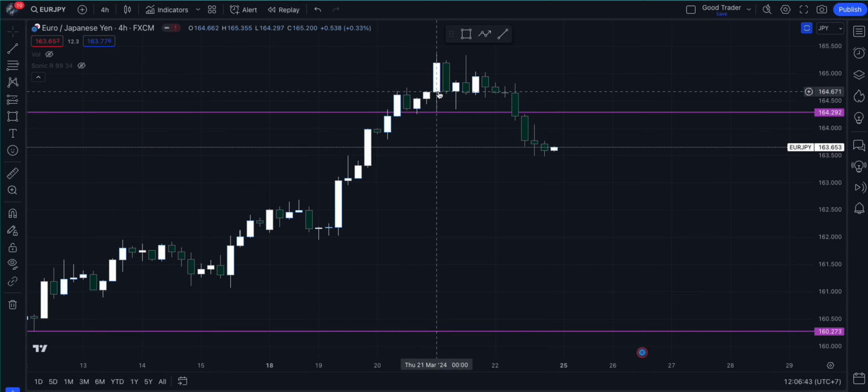The psychology of the market is that the buyers are very aggressive, but after that followed by the sellers also rejecting. You can see these two candles are exactly the same.